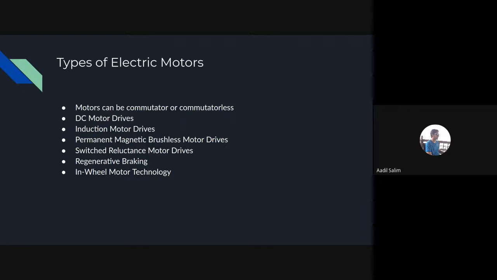Electric vehicles can have DC motor drives, induction motor drives, permanent magnet brushless motor drives, a reluctance motor drive. It may have a regenerative braking system. This is essentially one incorporated in hybrid vehicles where the rotation of the engine is used to generate power which is stored in the battery pack.